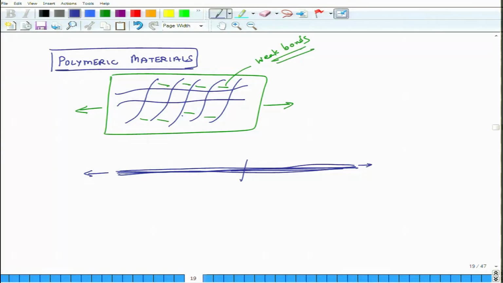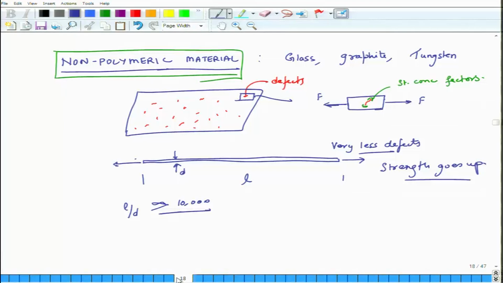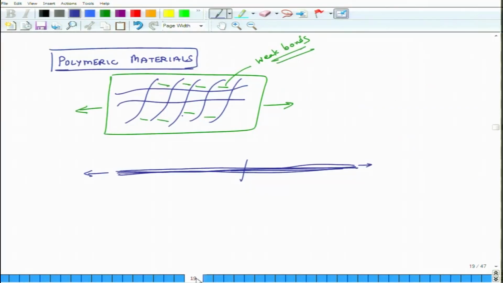The bond within the chain is significantly stronger than these weak bonds. So, it is much harder to break fibers of polymeric materials compared to the bulk material. So, we have looked at both polymeric materials and non-polymeric materials. An example of a polymeric material will be polyester.